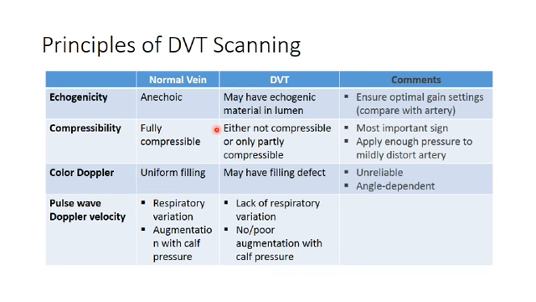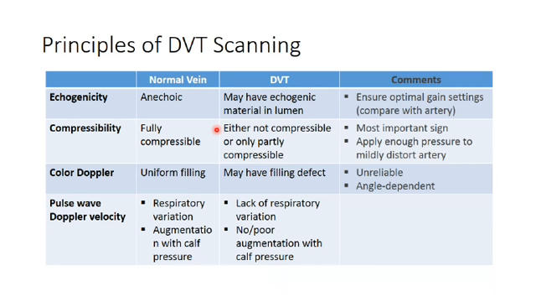Second, you may not appreciate the filling defect, so it may not always be there. And pulse wave Doppler relies quite a lot on the transmission of the thoracic pressure to the vein, and therefore, if the patient is not taking a deep enough breath, or the abdominal pressure is elevated because of, say, pregnancy or a tumor or ascites, then you may not have an adequate transmission.